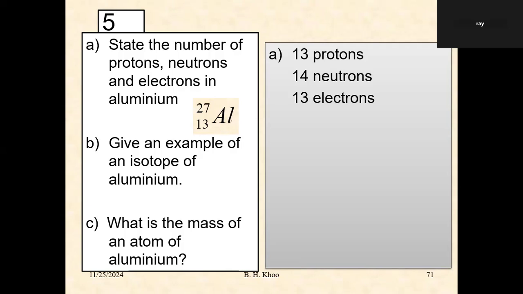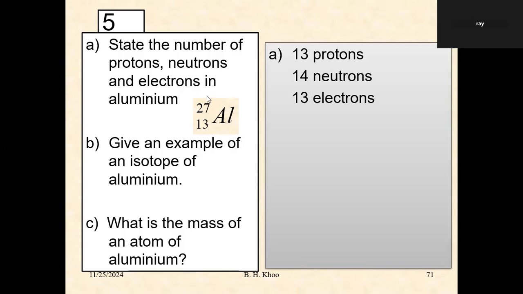Give an example of an isotope of aluminium. I've given you one already, you give me another one.